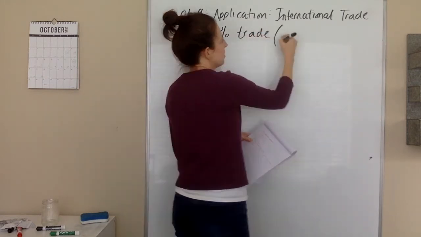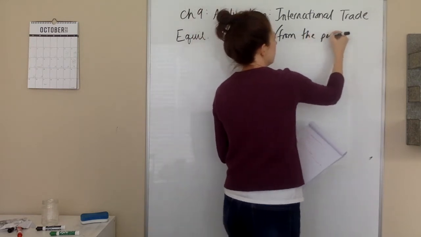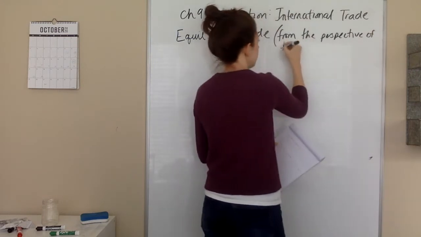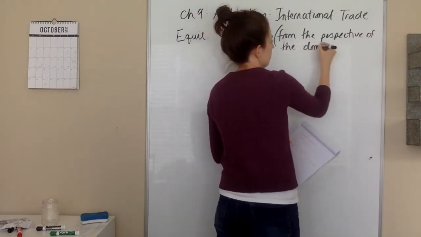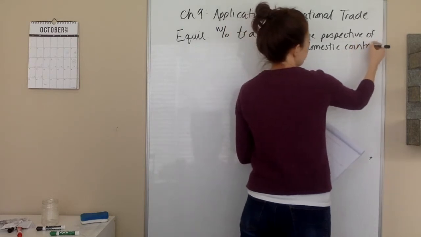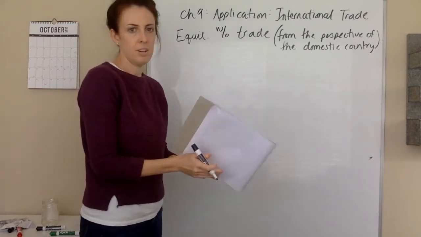Again, this is from the perspective of the domestic country. You don't have to have a particular country, we're just going to have a domestic country and the rest of the world, and you can anchor the domestic country at whatever country you want to think of.